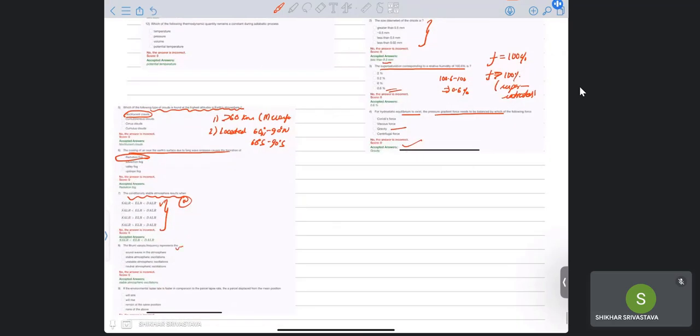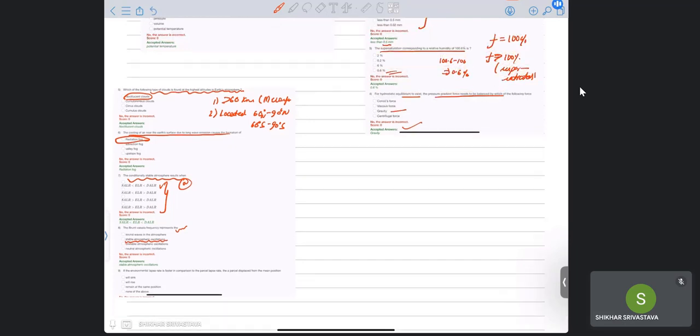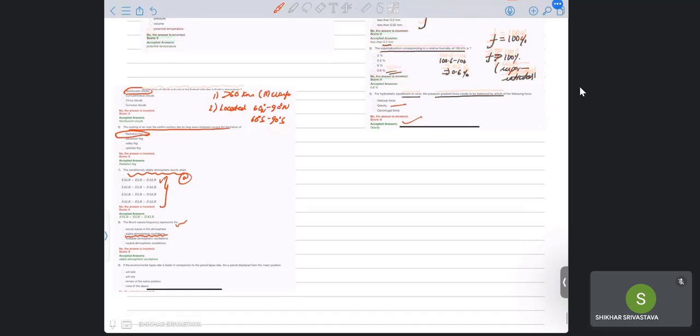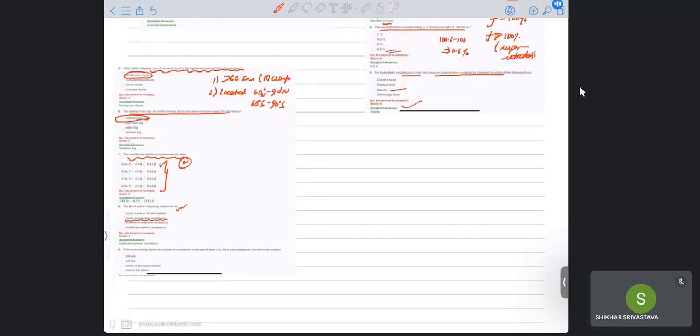The Brunt-Väisälä frequency represents the stable atmospheric oscillations, the frequency with which the air parcel will do stable oscillations about its mean position. Ninth question, if the environment lapse rate is faster in comparison to the parcel lapse rate, a parcel displaced from the mean position will what?